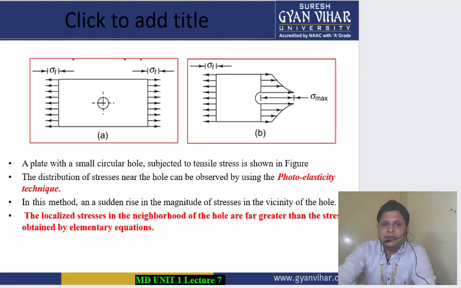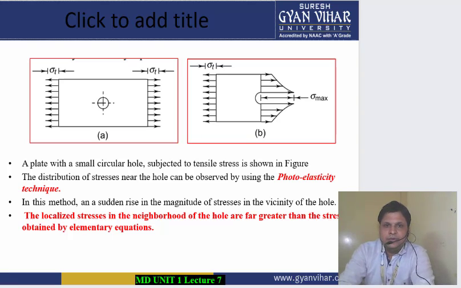The model is placed in a circular polariscope and loaded at the edges. Now it is observed that there is a sudden rise in the magnitude of stresses in the vicinity of the hole.